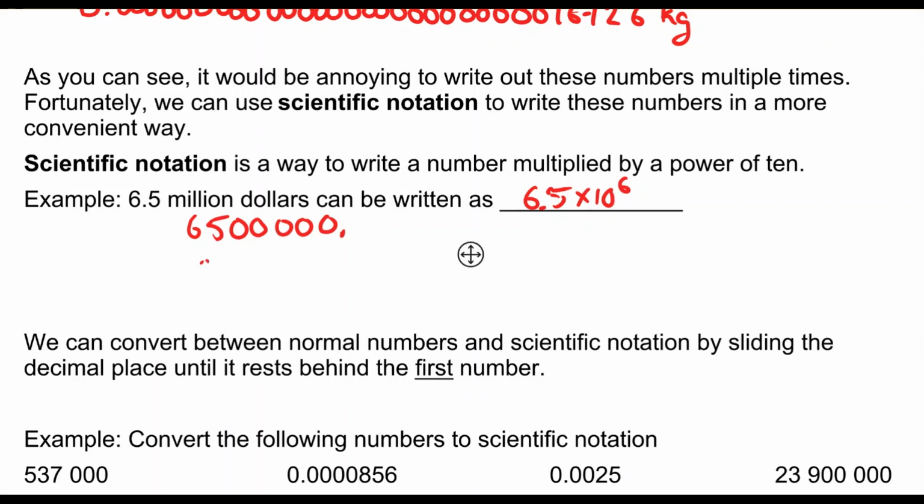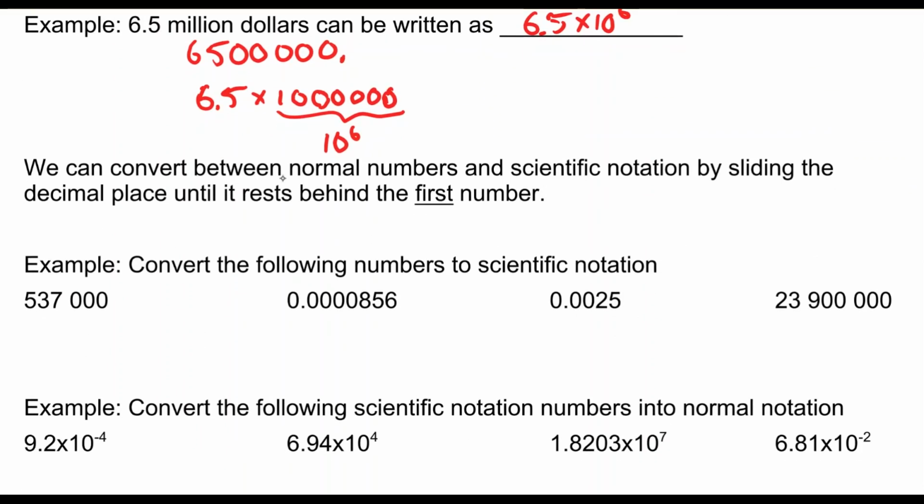So remember, this is like saying 6.5 times a million. Well, 1 million can be written as 10 to the power 6 because there's 6 zeros in here. My pen's not working very well, but trust me, there's 6 zeros. So that's how we can do that.